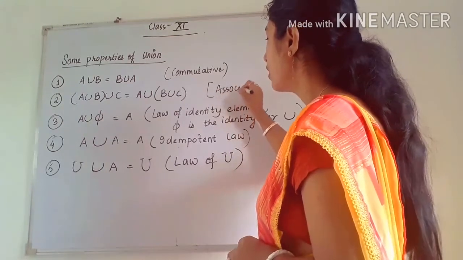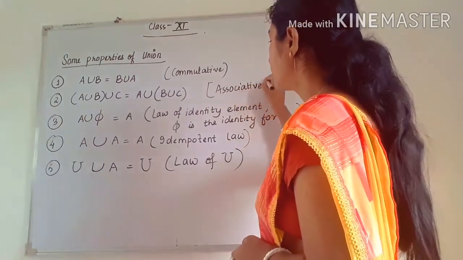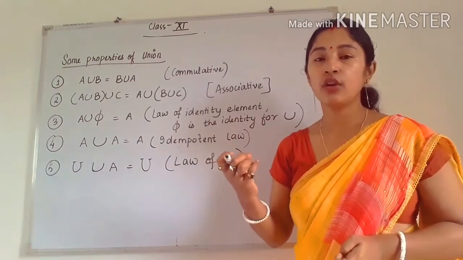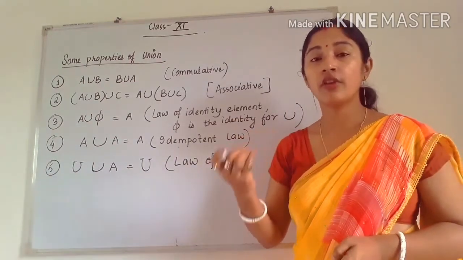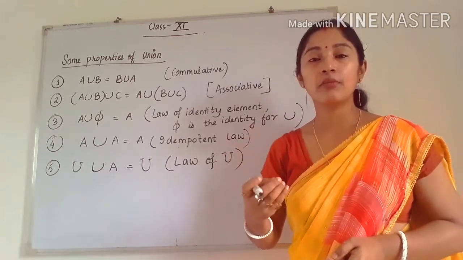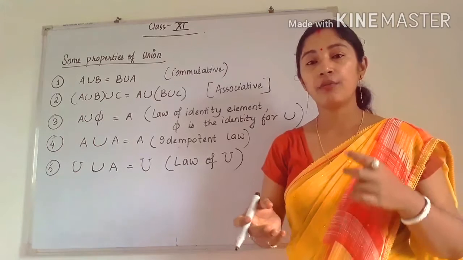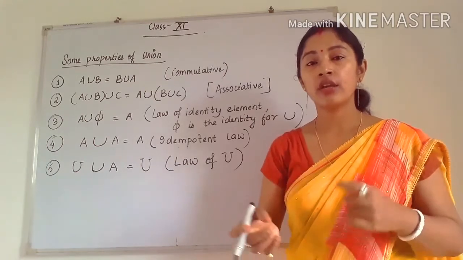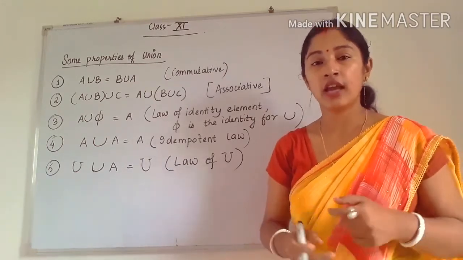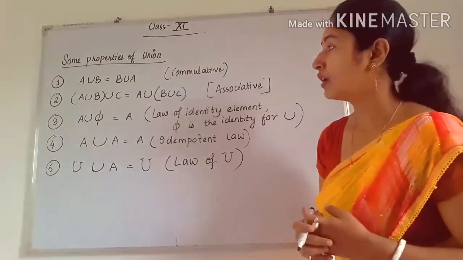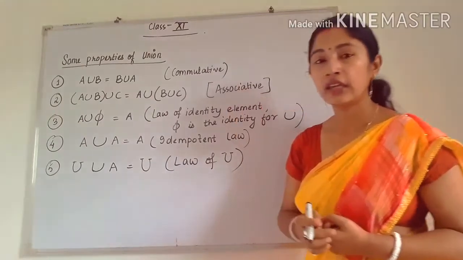In the associative property of addition of numbers, we have to take any three numbers. If we add the numbers in any order, the answer remains the same. Like that only, in number 2 we are taking three sets.